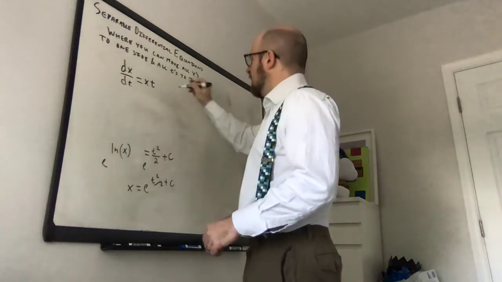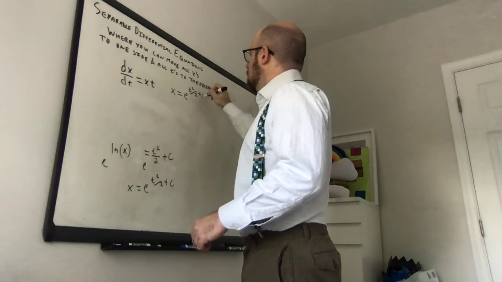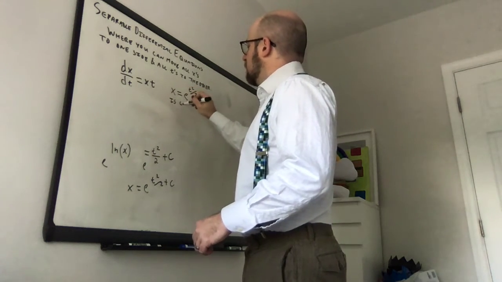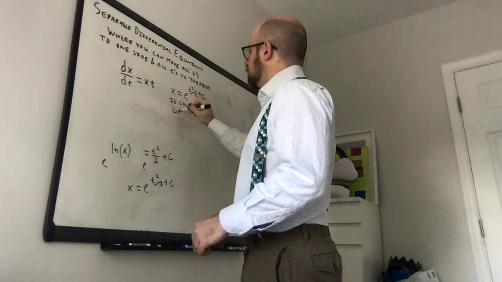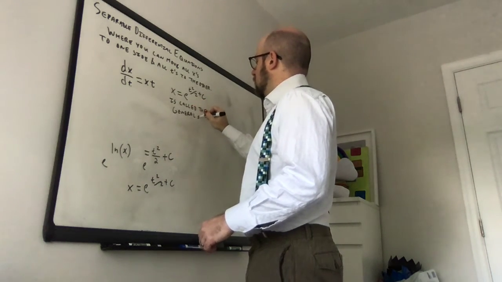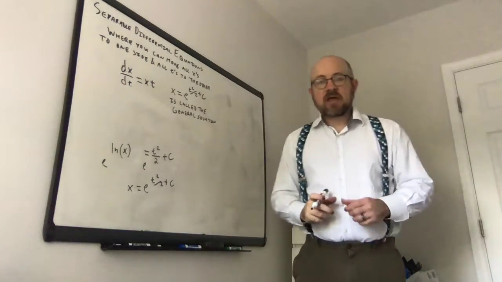Let me be exact. x equals e to the (t squared over 2 plus c) is called the general solution of this differential equation.